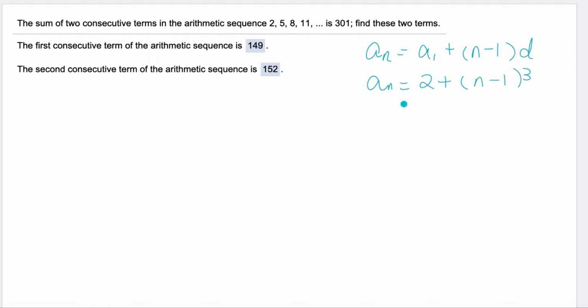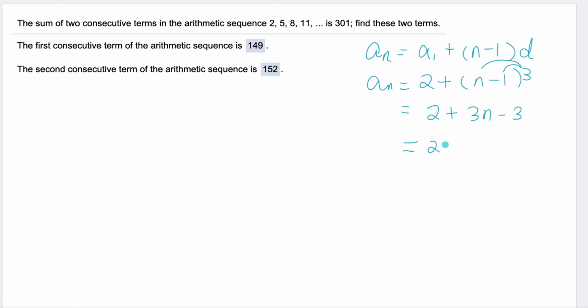You can keep it like this, or if you want to simplify this, you can also simplify that. So n minus 1 whole thing times 3, so you're going to distribute 3 to n and negative 1. 3 times n is 3n. 3 times negative 1 is negative 3. So you can switch these two around using commutative property in addition.